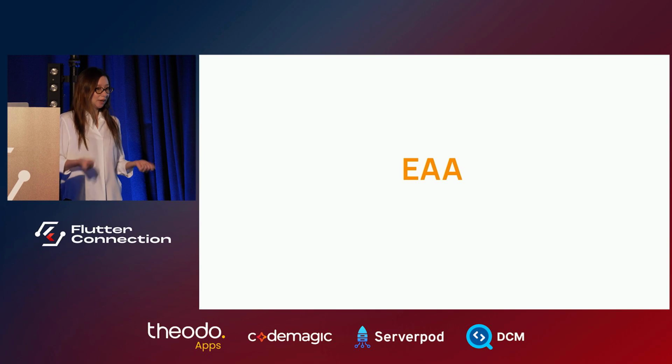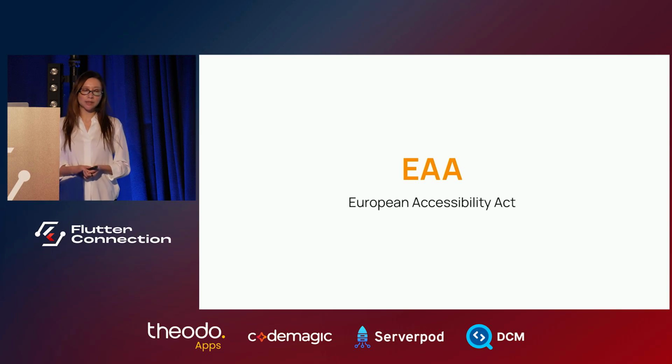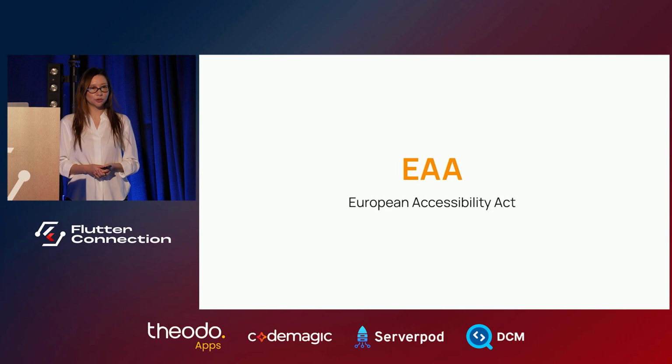So maybe you have seen the EAA, which means European Accessibility Act. This mandates that all digital services need to be accessible. There are, of course, some exclusions, but if you have some services and you sell something, you have to follow it, and it comes into act in June 2025.